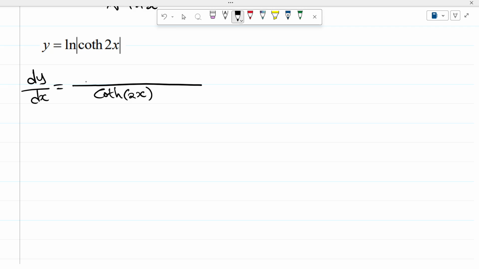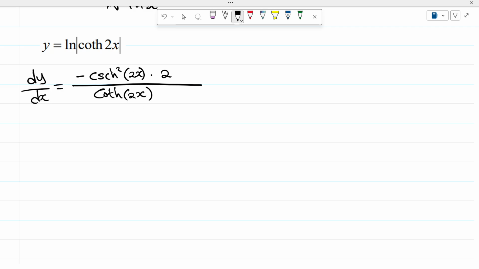So this is going to be the derivative of hyperbolic cosech, which is negative cosech coth, and then multiplied by 2, of course.